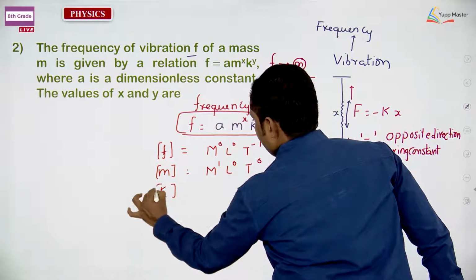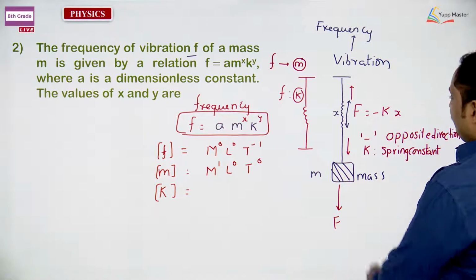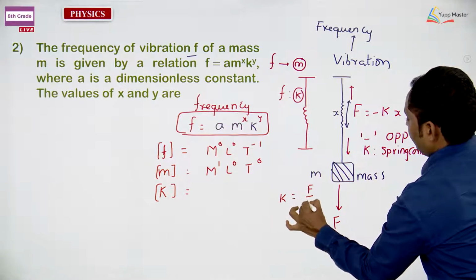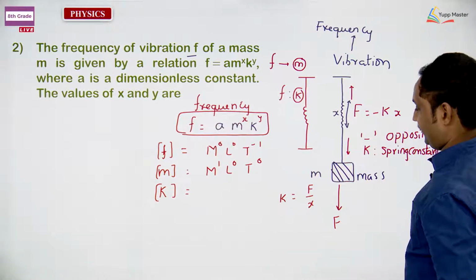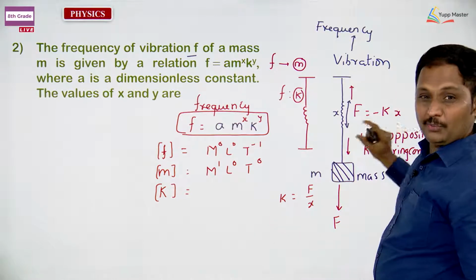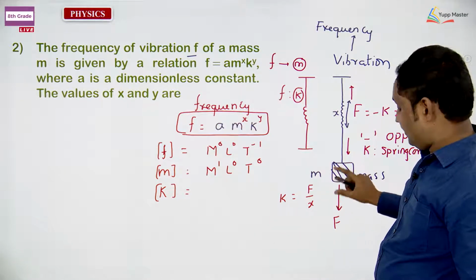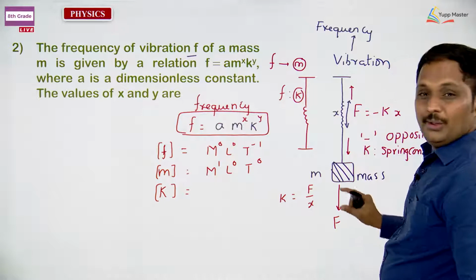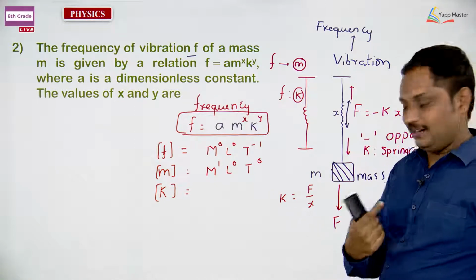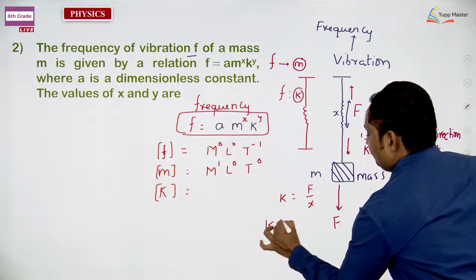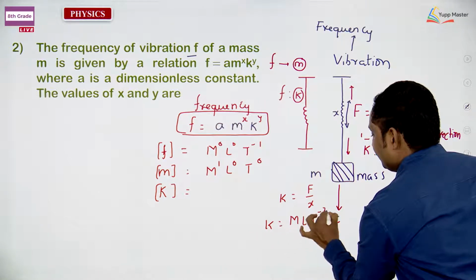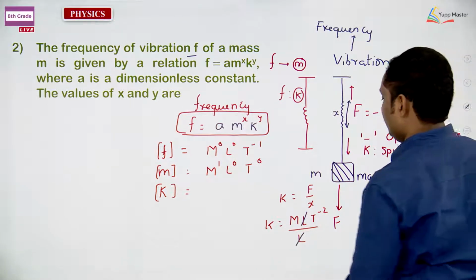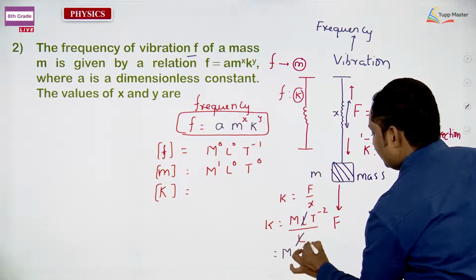From Hooke's law, k is equal to f by x. The dimensional formula for force is m L t minus 2, and x is represented by its dimension, length L. Therefore k is equal to m L t minus 2 by L. L is cancelled, so that is m t minus 2.